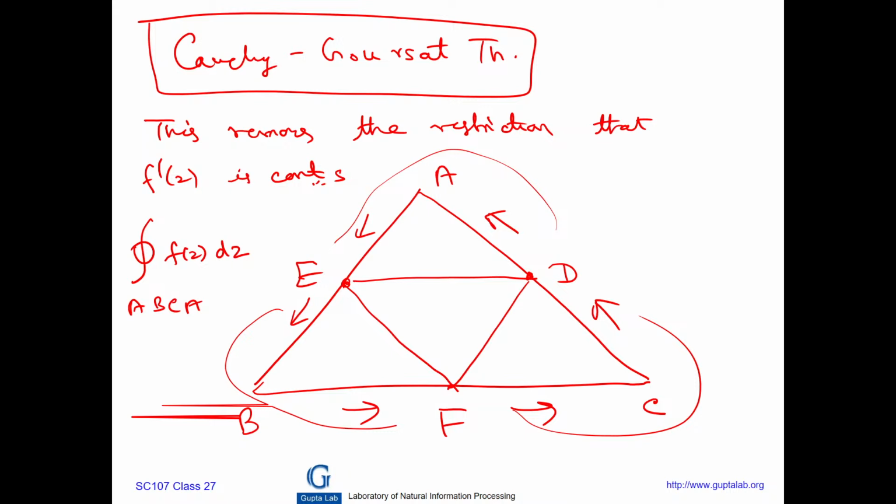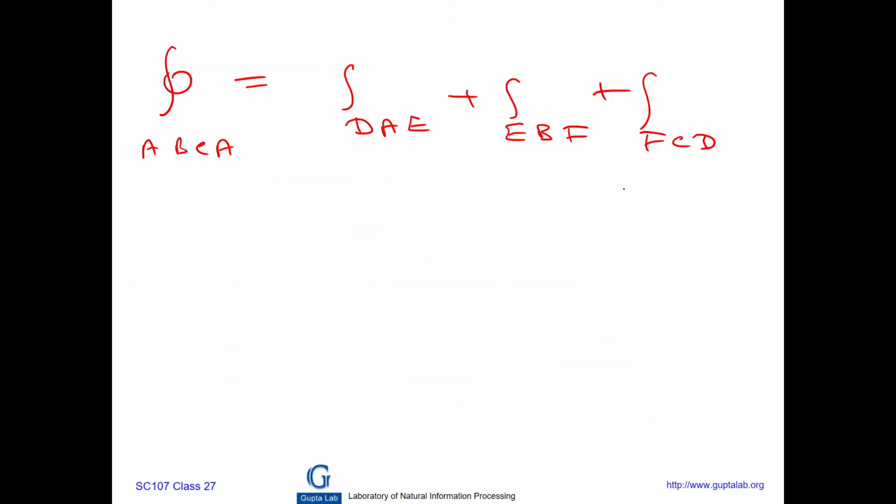Similarly we can do this for each of them. So I call these triangles delta 1, delta 2, delta 3, delta 4. Where we add one path, we subtract it in the reverse direction, right? Okay, so now we broke it into these 3. This is nothing but integration along DAE plus integration along ED.